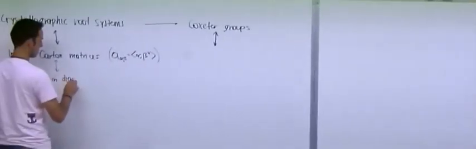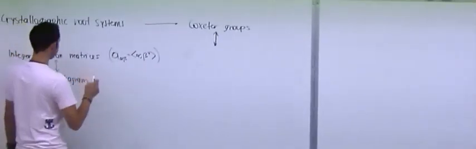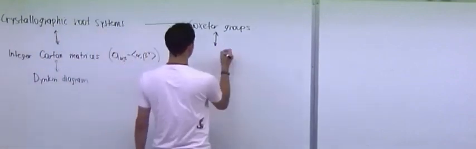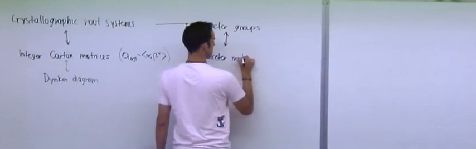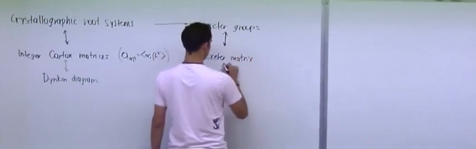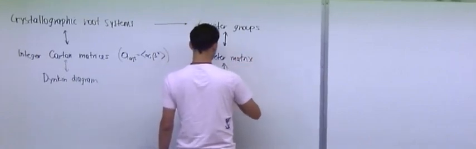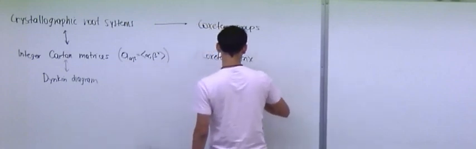We talked about how this is also equivalent to the Dynkin diagram. And Coxeter groups are characterized by their Coxeter matrix, or equivalently by their Coxeter diagram, right?